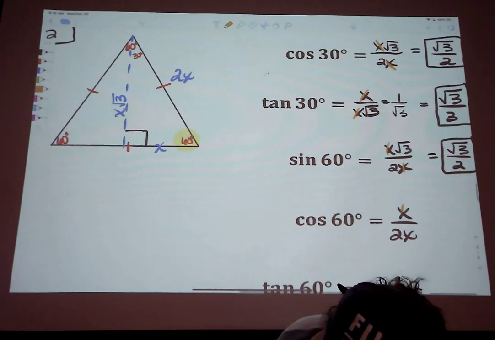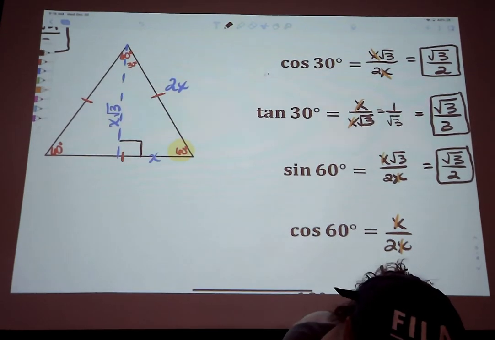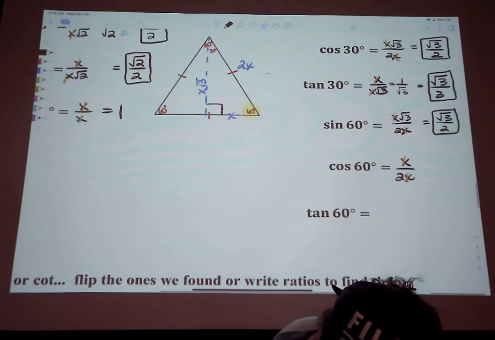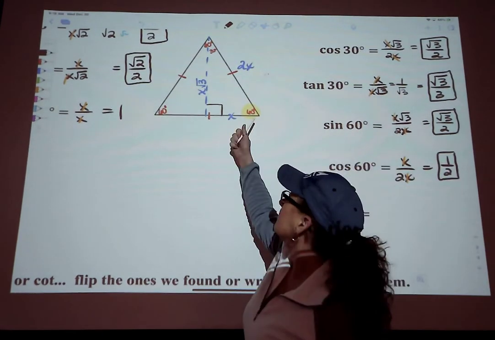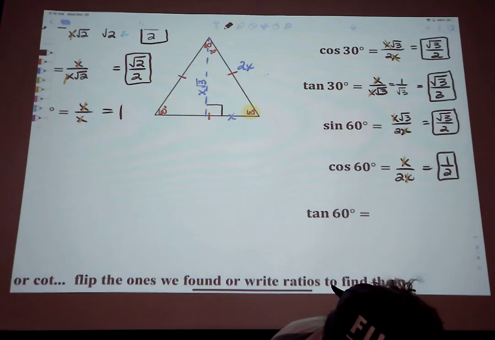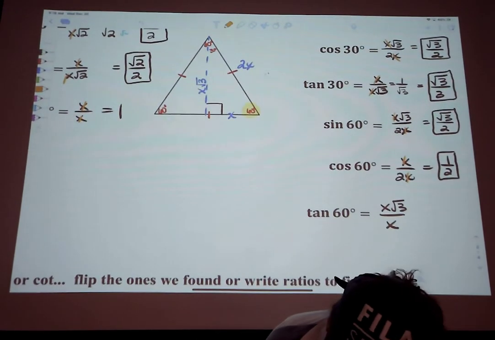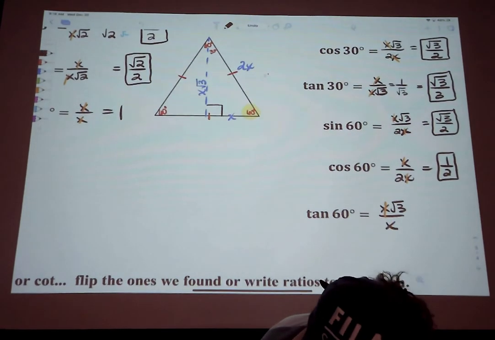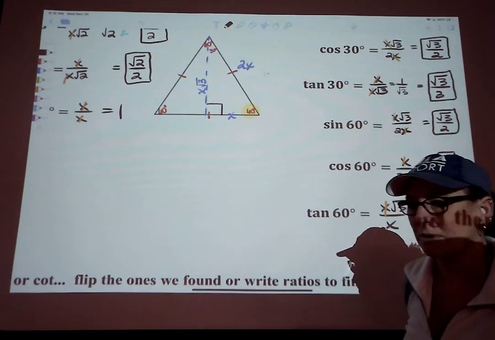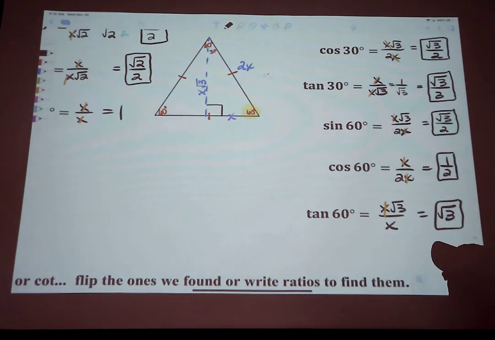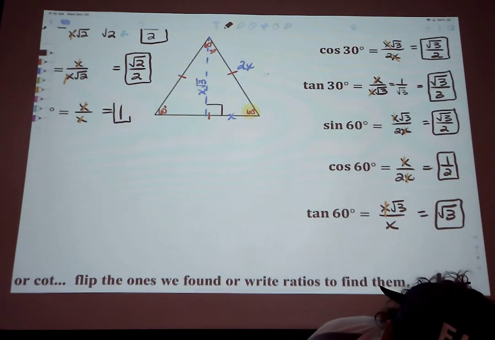That's nice. Seen that before. And tangent, opposite over adjacent. That's not bad. Alrighty. Sine, cosine, and tangent fractions for all 3 common angles.